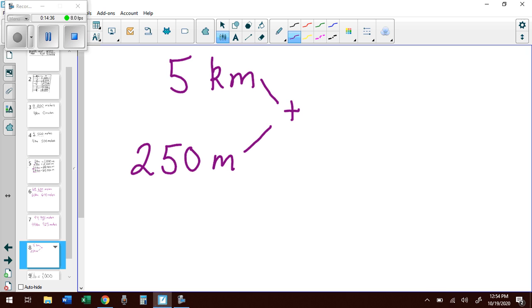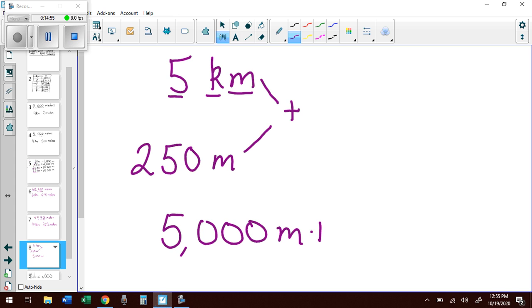Well, first, you would have to recognize that 5 kilometers is 5,000 meters. So right away we have 5,000 meters. Plus, how many extra meters? 250 meters.